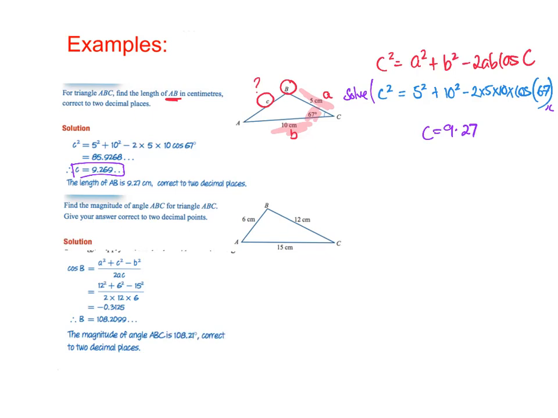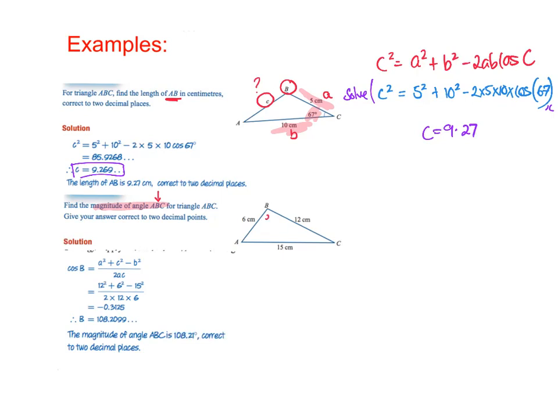If you have another look, in this next question they're asking you to find the magnitude of the angle ABC. They don't say find the size of the angle, they use the word magnitude. That's apparently the correct English. And when they do angle ABC, it's the one in the middle that you want.